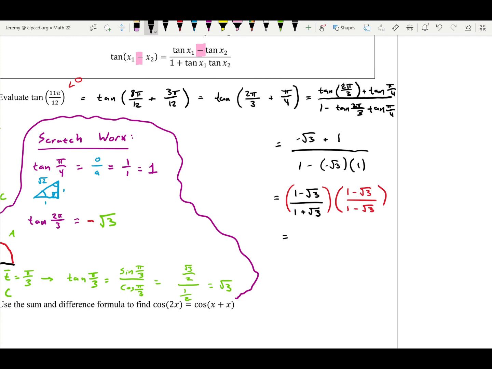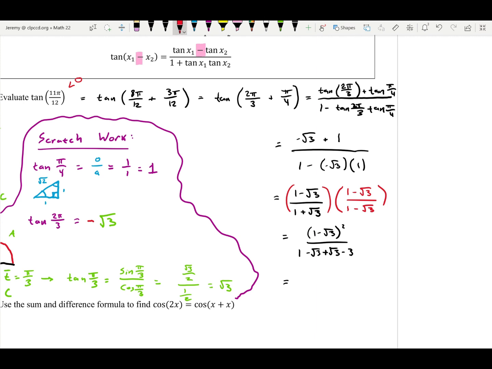And when we FOIL that out, we'll get 1 minus root 3 squared in the numerator. Down here, if you FOIL it out, the middle term cancels out, and you're just left with 1 minus root 3 plus root 3 minus 3. The minus 3 came from root 3 times negative root 3.